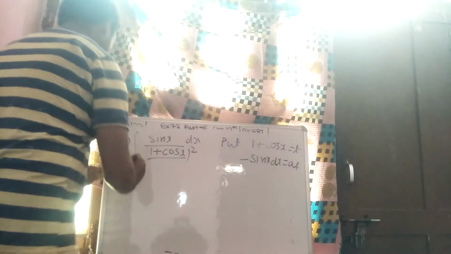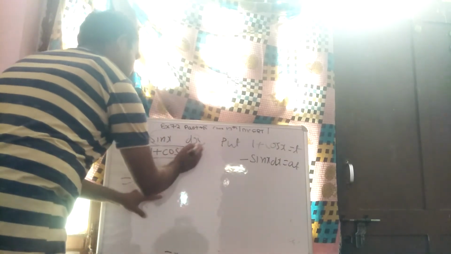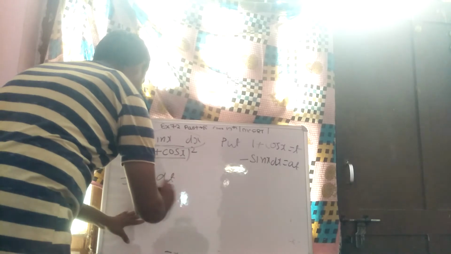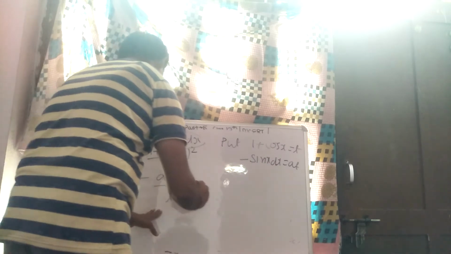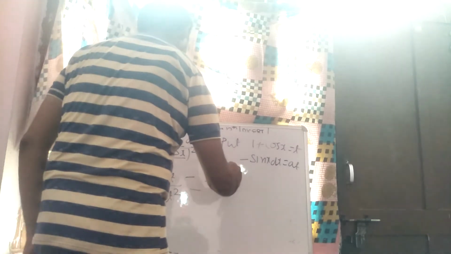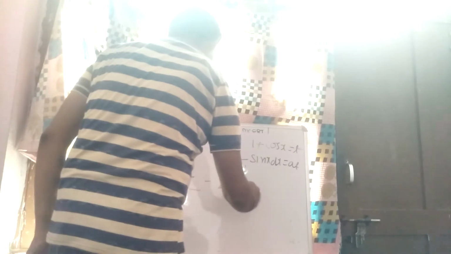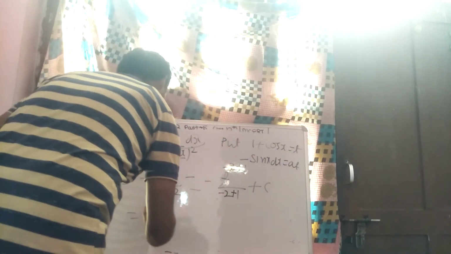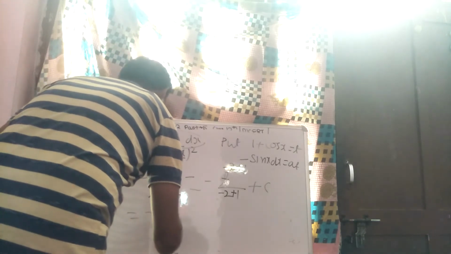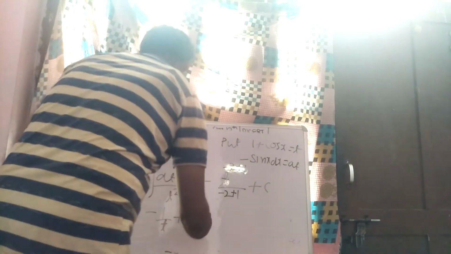We also know that minus dt upon t square, because 1 plus cos x equals t. This gives t to the power minus 2 plus 1 upon minus 2 plus 1 plus c. Minus 2 plus 1 is minus 1, so this is 1 upon t plus c. We also substitute the value of t, so this is 1 upon 1 plus cos x.